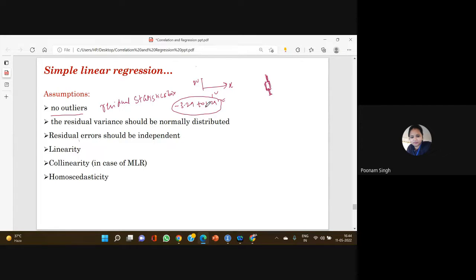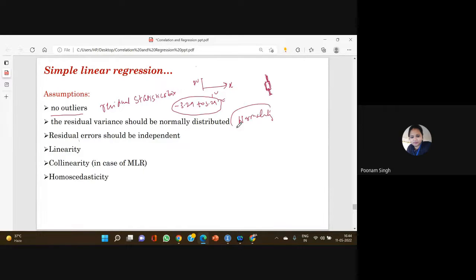If the value is between minus 3.29 to 3.29, then it is okay. If it is beyond this range, then you need to be concerned about the outliers present in your data set. The residuals in the regression model should be normally distributed. It means normality should be checked.